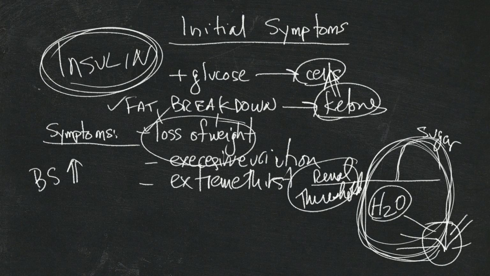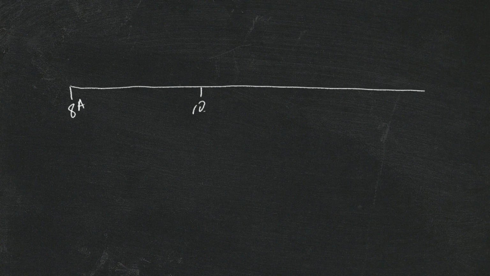Now, once we have insulin on board, it's really important to know how much to give. Your doctors in the hospital will try to get an idea about how much insulin you need. But first, let's look at how insulin works if you don't have diabetes.